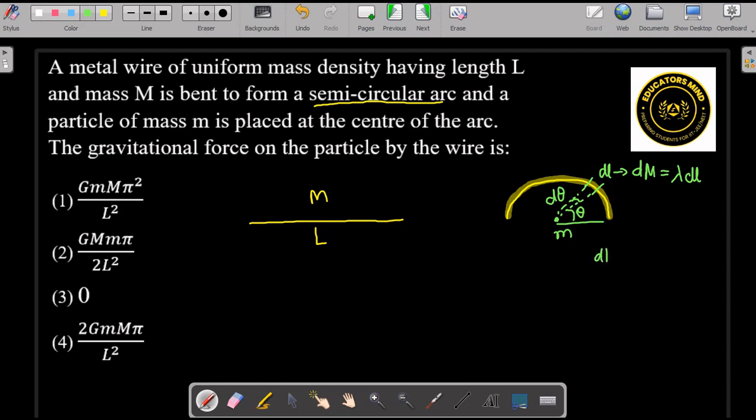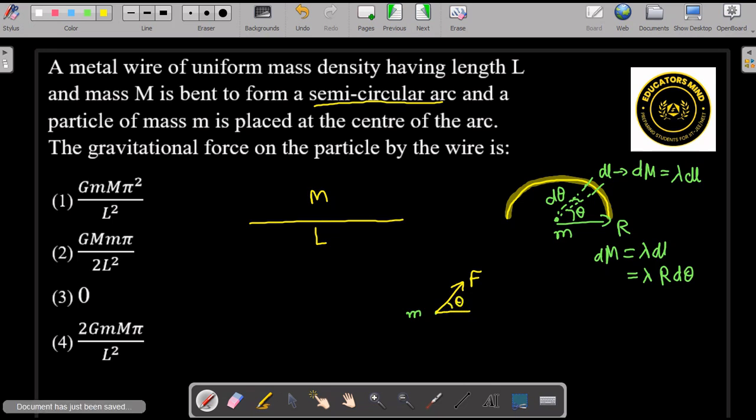So this small mass dM is lambda dl, and dl is equal to r d theta. R is the radius. Okay, right? So we got this mass. Now we'll calculate the force on this small element. So definitely the force is attractive.